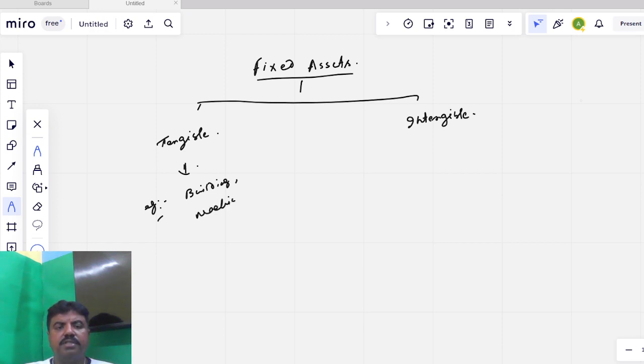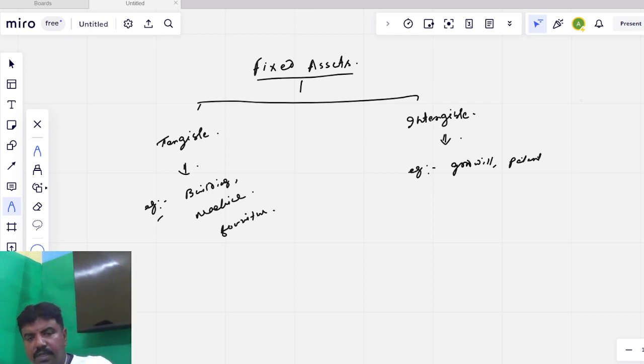These are examples of tangible fixed assets, which are visible and which you can even touch. Intangible fixed assets are not visible, but they have a huge impact on the performance of a business. Examples of intangible fixed assets are goodwill, patent, copyright, trademark.